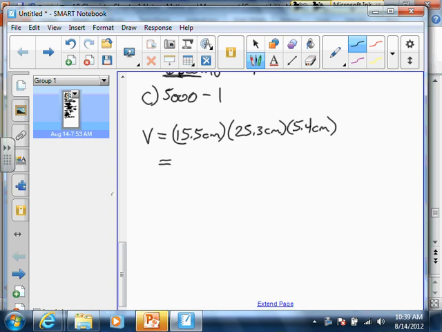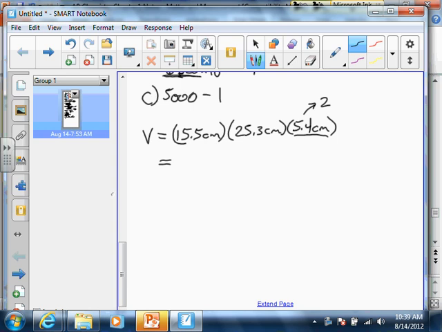When you put that into your calculator, you should get 2,117.61, okay? But we're doing a multiplication here, so what you have to remember is the number with the least number of sig figs, that's the one that we round the answer to, okay? There are only 2 significant figures in this number, and that's the one with the least number of sig figs. So we're going to round our answer to 2 sig figs.